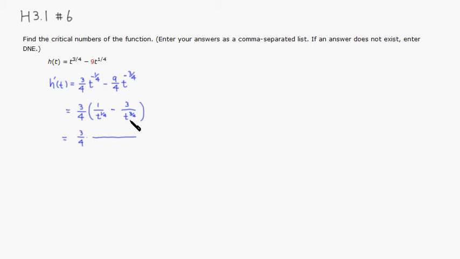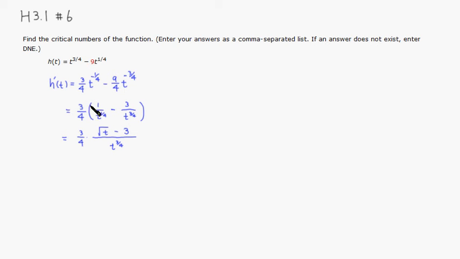We can multiply this one by t to the 1/2 power, or 2/4, so that you can make a t to the 3/4 power. Then we have a t to the 1/2 power on top, so let's write it as the square root of t. And this one we already have the right denominator, so it's minus 3.